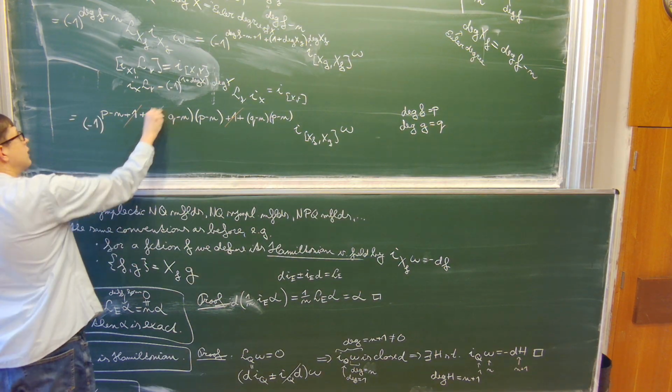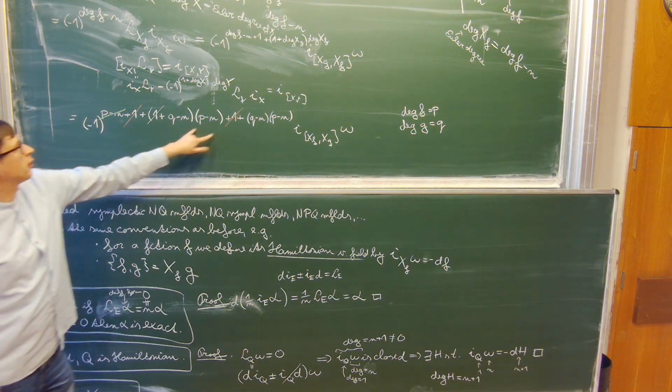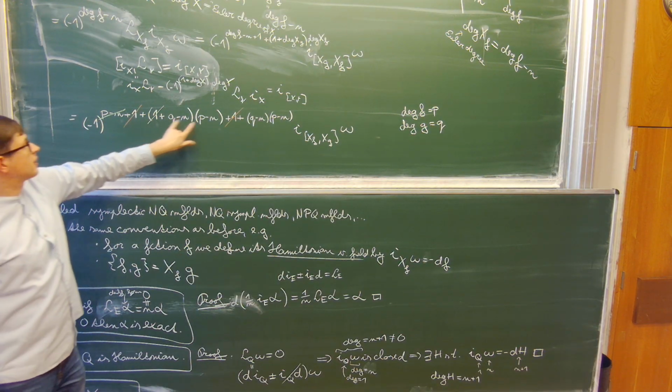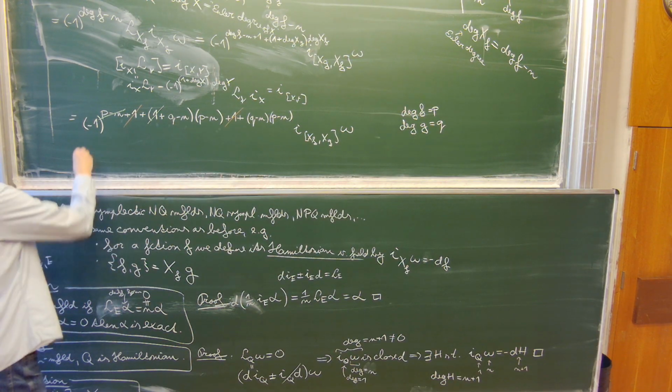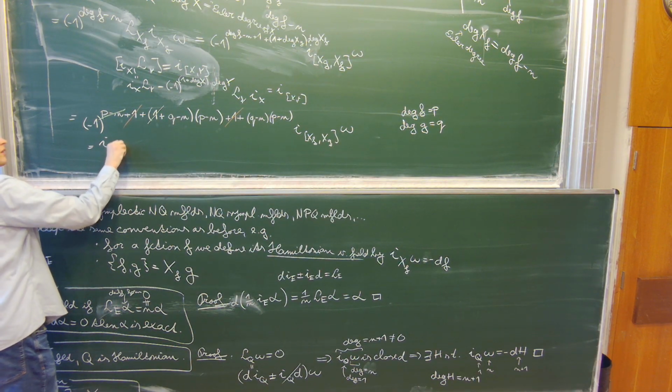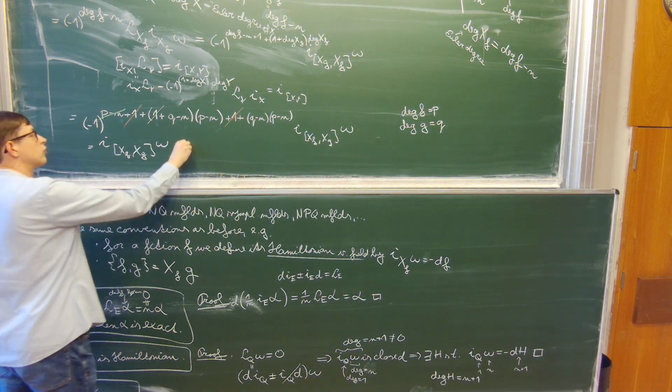This thing cancels this one. Okay, p minus n is precisely what I get if I multiply this one. And this thing cancels with that thing. So I get what I want. I get xf, xg, end of proof.